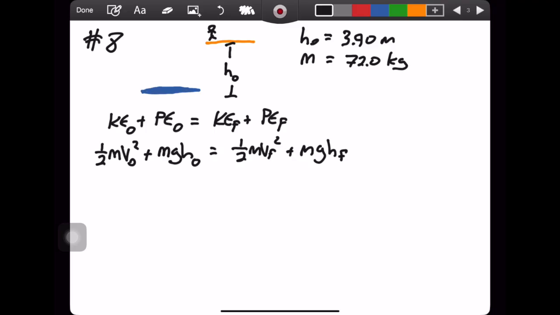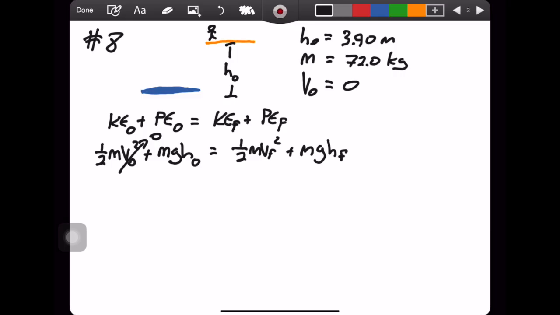At the beginning of the problem, the person about to jump is not accelerating, and so all of their energy is potential energy right now. In other words, v naught equals 0. So this term right here goes away.